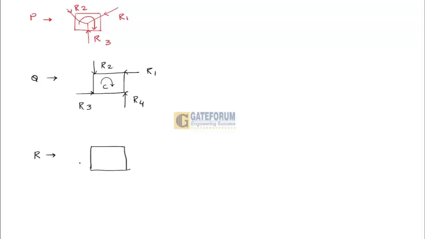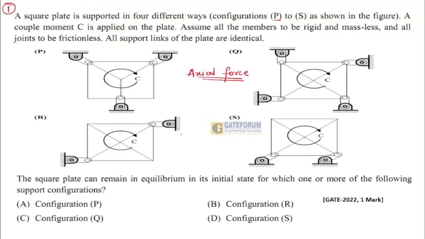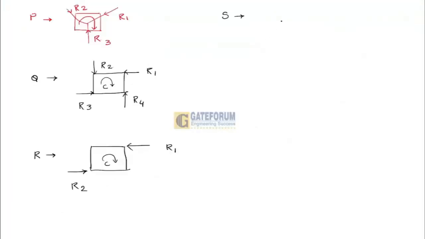These are the supports in this way with reaction R1, reaction R2, couple C, and finally S. For S, only 2 supports in the inclined condition. This is the block. This is the condition R1, R2, couple.